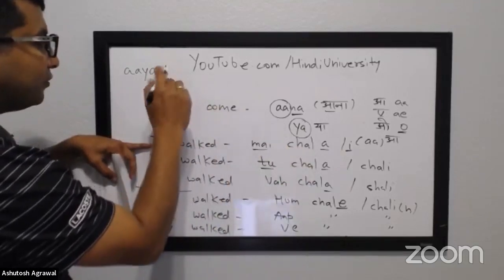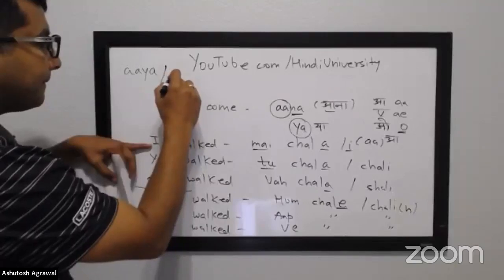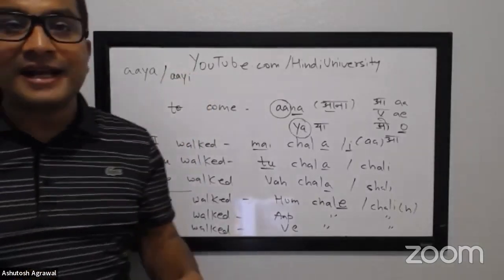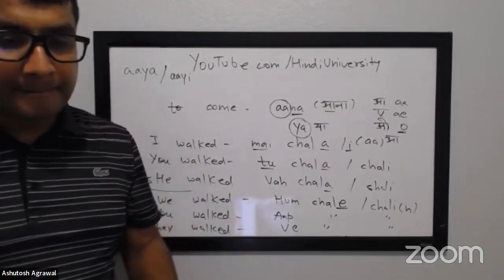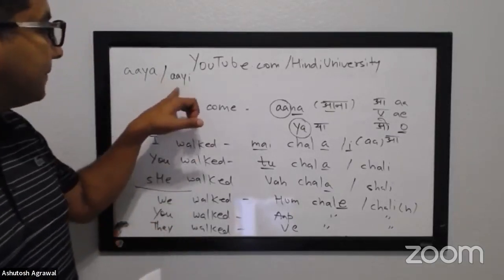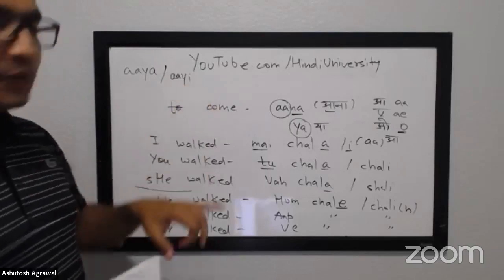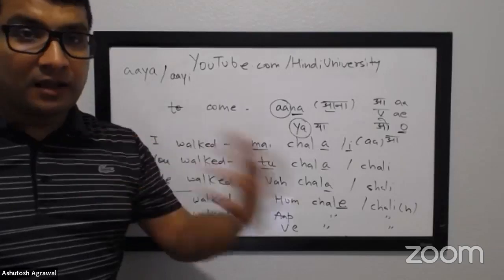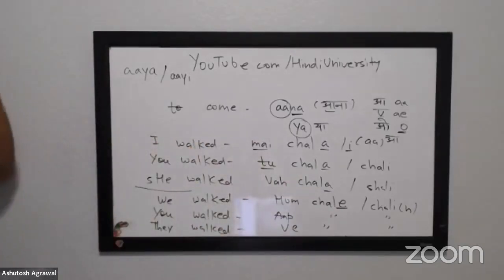And for a girl, it will be मैं आई. How will you say I came to America? मैं America आई. And for me, I'll say मैं America आया. We can make variations, right? Or you can say मैं India आई.